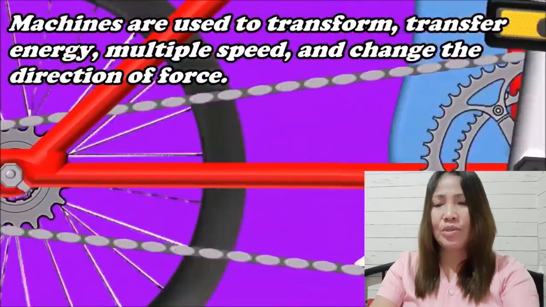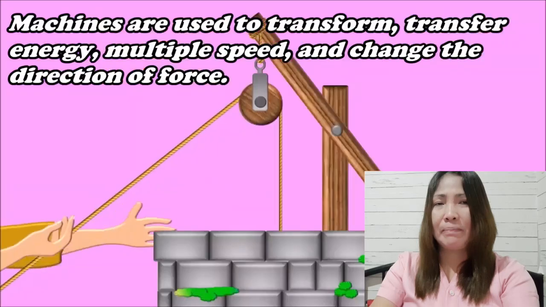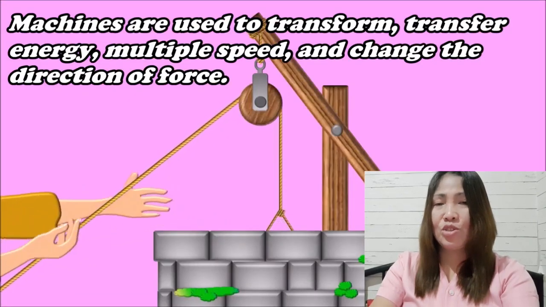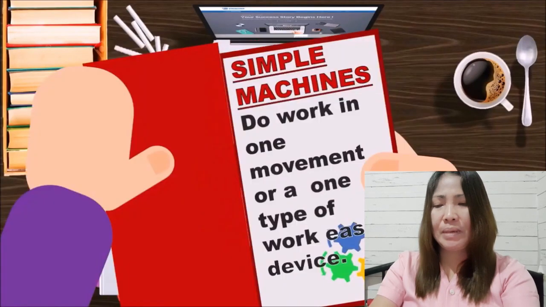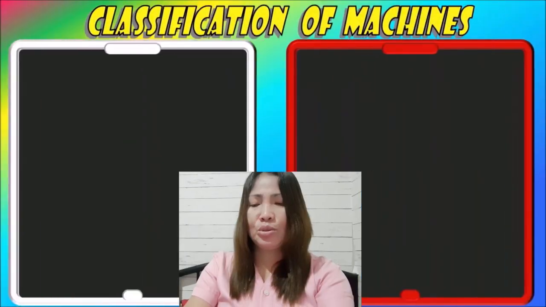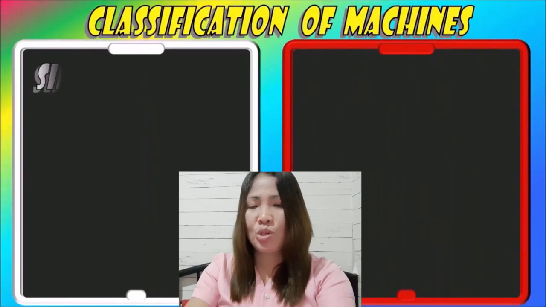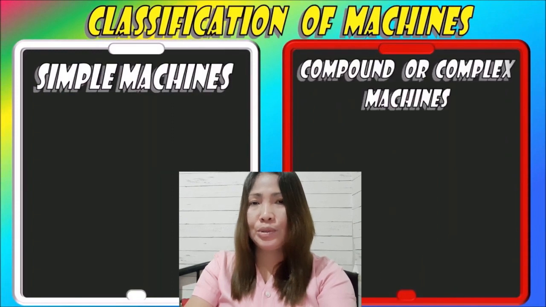Machines are used to transfer energy, multiply speed, and change the direction of force, while simple machines do one type of work using a device. There are 2 classifications of machines: simple machines and compound or complex machines. 1.